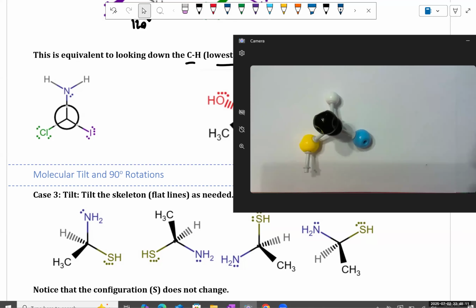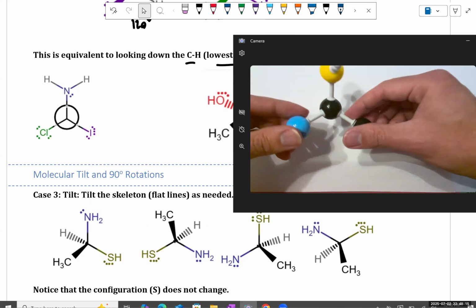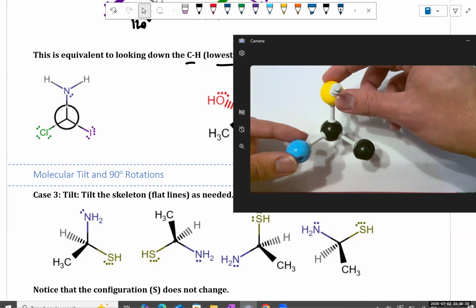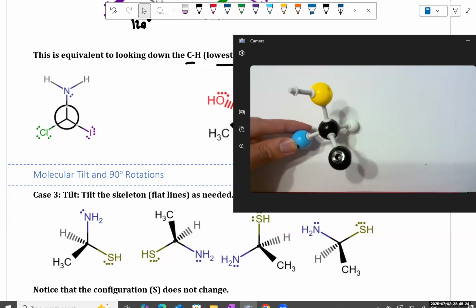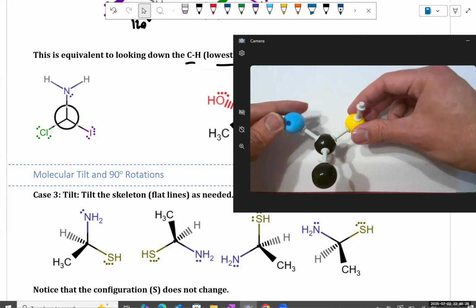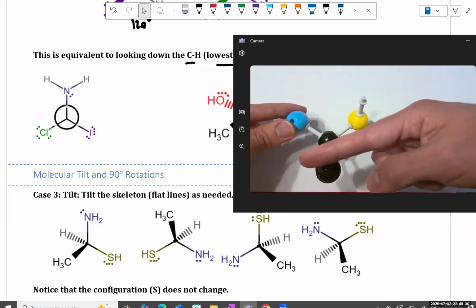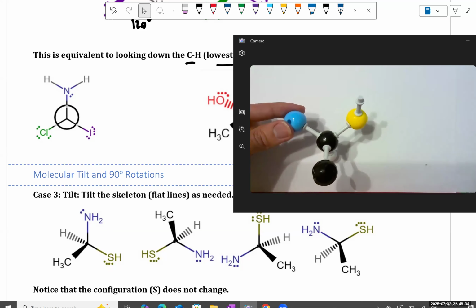Let's tilt once again, another 90 degrees. Now we have the sulfur up top, the amine on the left, the methyl pointing towards us, the hydrogen pointing away from us. One last tilt of 90 degrees gives the amine on the left, sulfur on the right, and the methyl group in front, and the hydrogen in the back.